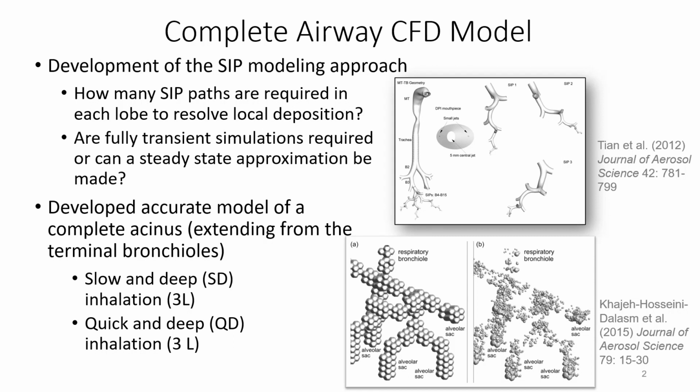Further, our group also extended the SIP modeling approach to include the entire lung by combining it with CFD models for the SCONA region. Using this SCONA CFD model, correlations have been developed for slow and deep inhalation and quick and deep inhalation with breath hold.